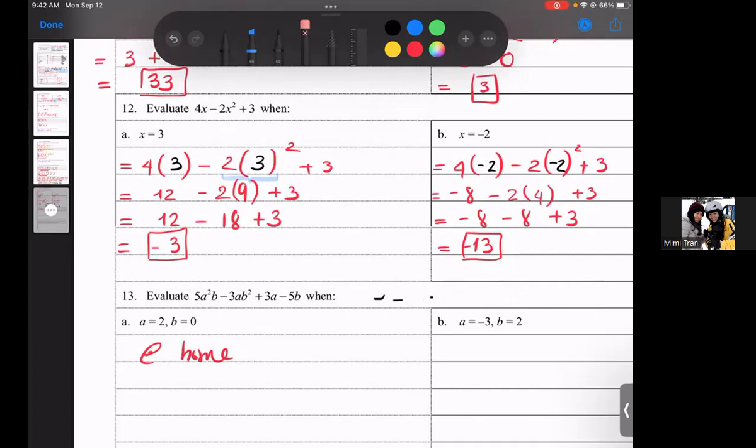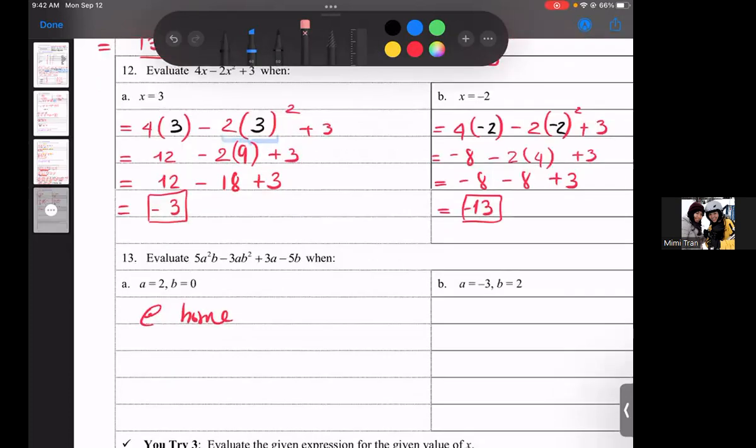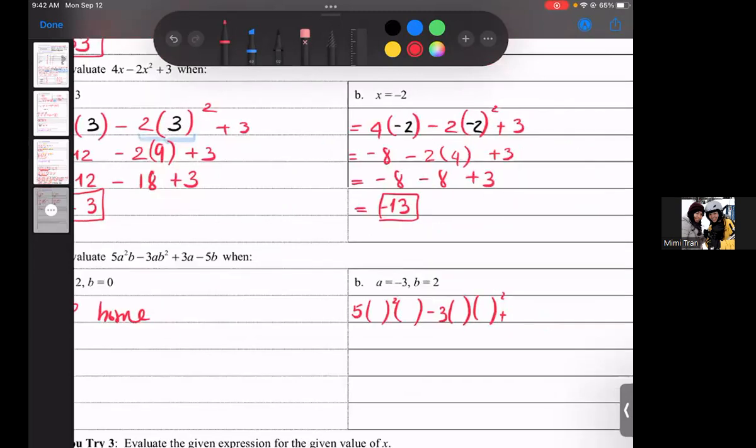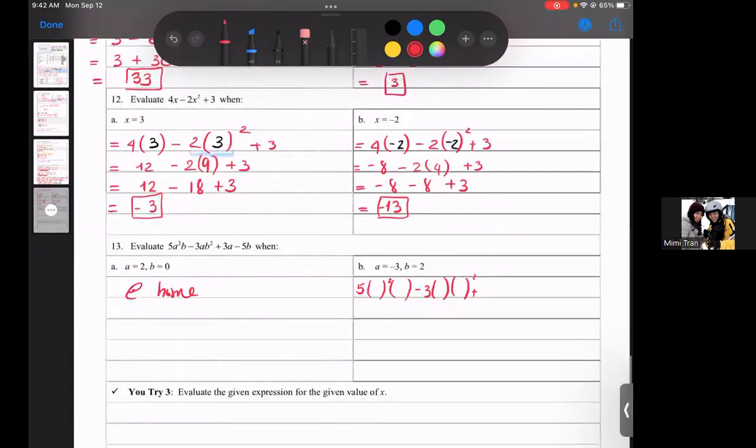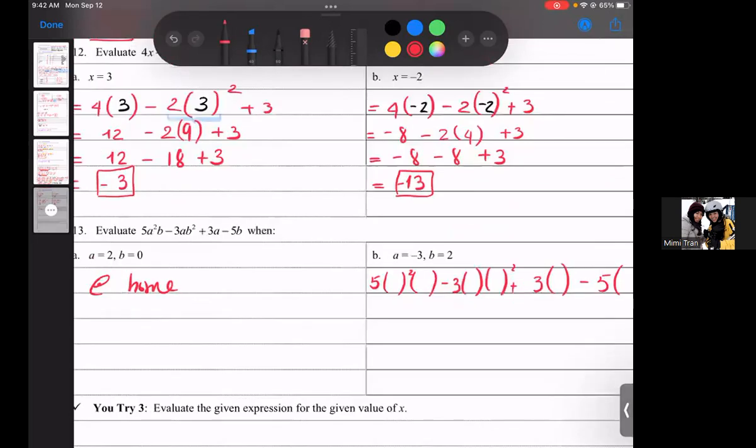All right, I'm gonna do 13B, and then you guys do 13A at home. I see 5 parentheses squared times parentheses minus 3 parentheses squared plus 3 parentheses minus 5 parentheses. A is negative 3, B is 2.